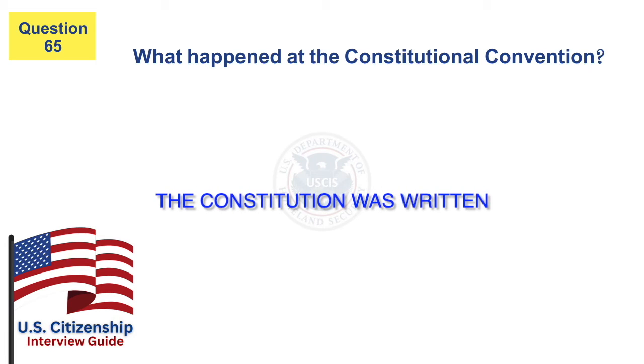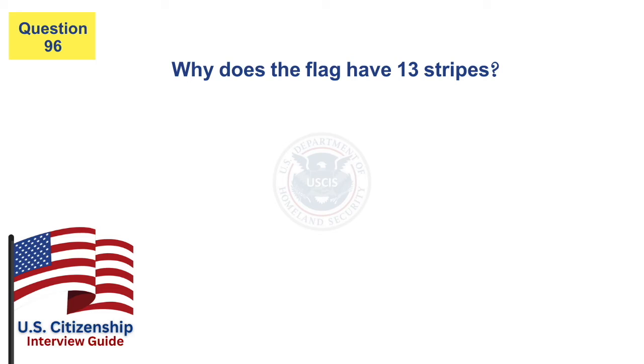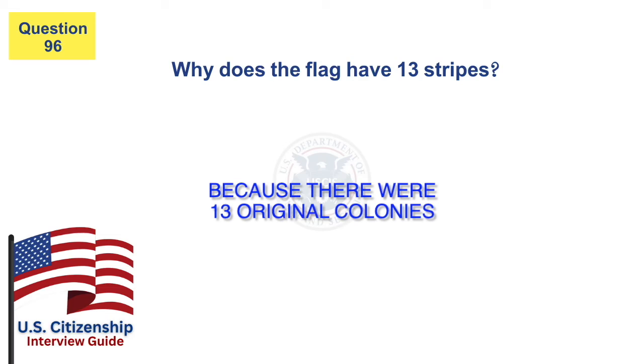The Constitution was written. Why does the flag have 13 stripes? Because there were 13 original colonies.